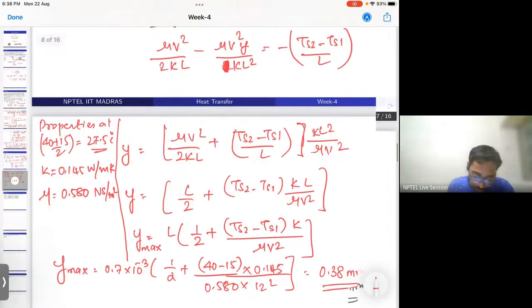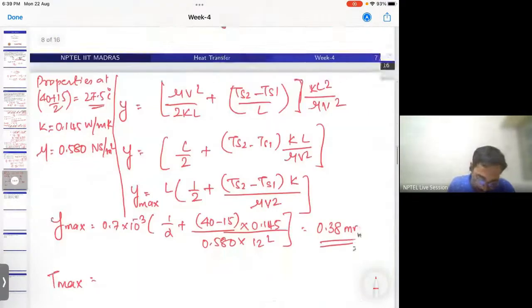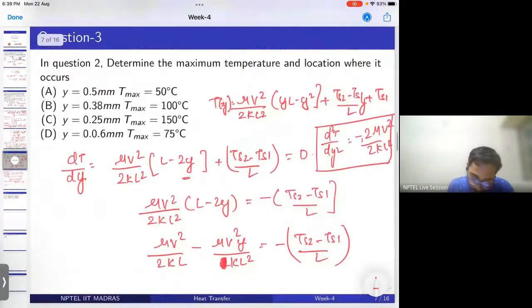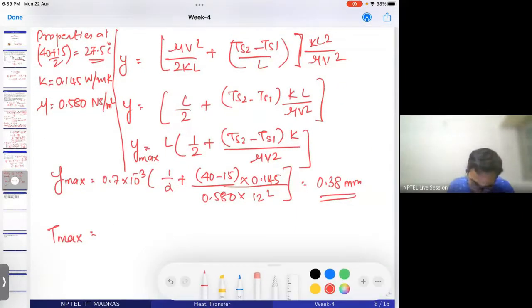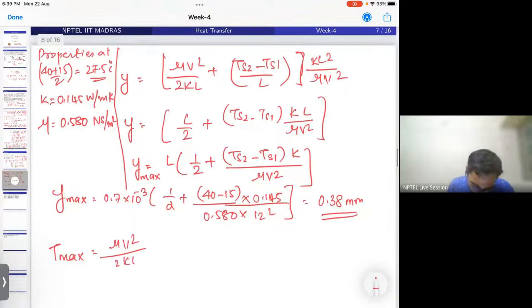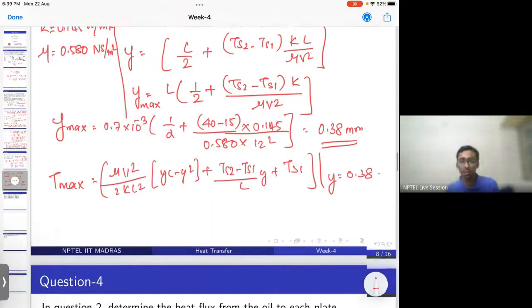Just substitute the y value in this expression: mu v square divided by 2kL square times (yL minus y square), plus (Ts2 minus Ts1) by L times y, plus Ts1, at y equal to 0.38. You can just substitute these values.